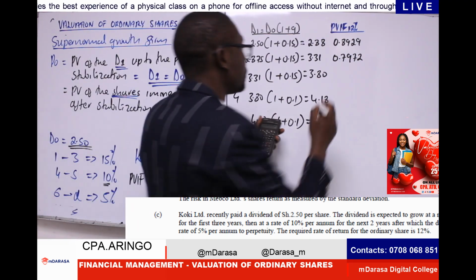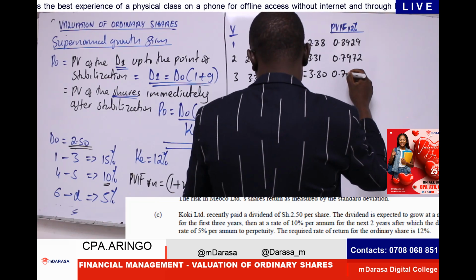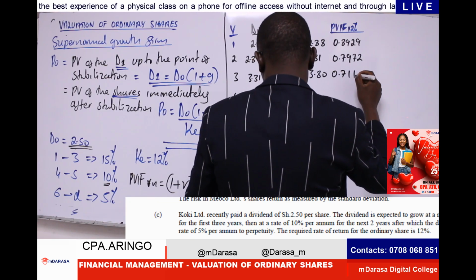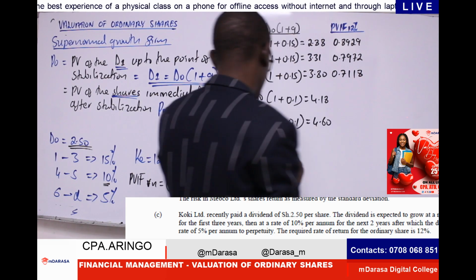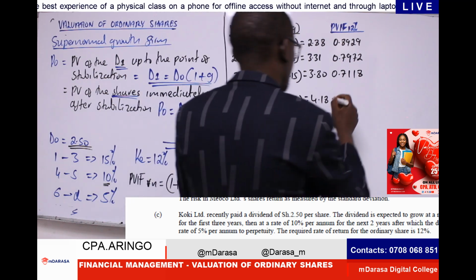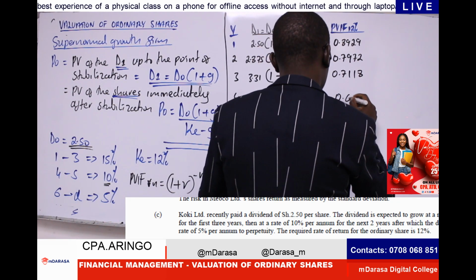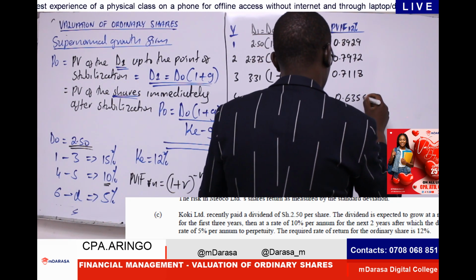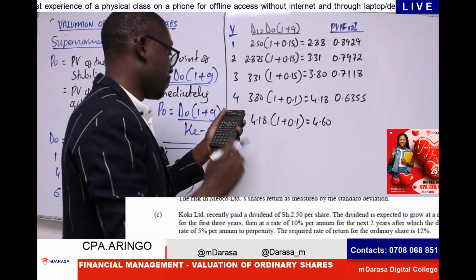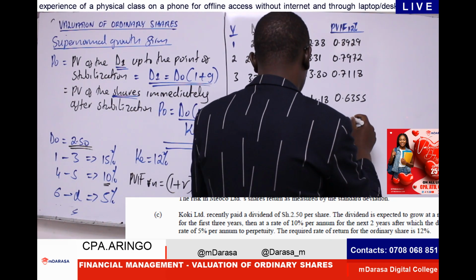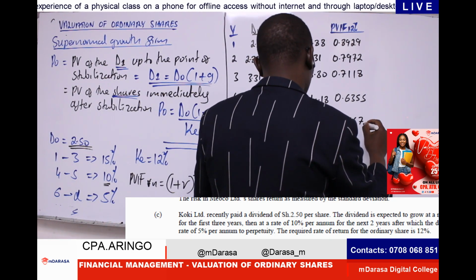After that, we'll just be tapping. You tap 0.7118. You tap 0.6355. You tap 0.5674.